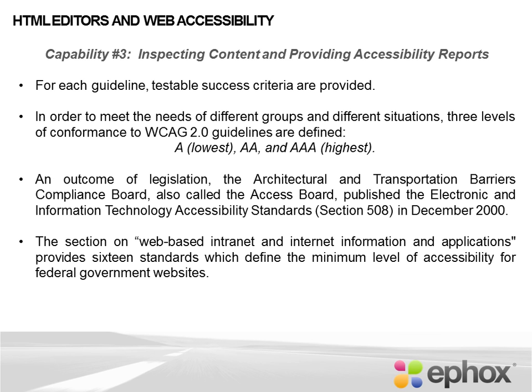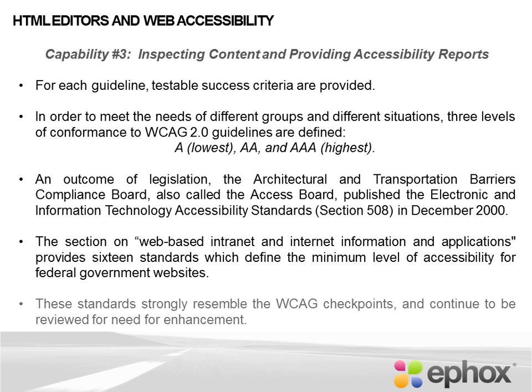The section on web-based Internet and Intranet information and applications provides 16 standards which define the minimum level of accessibility for federal government websites. These standards strongly resemble the WCAG checkpoints and continue to be reviewed for need for enhancement.